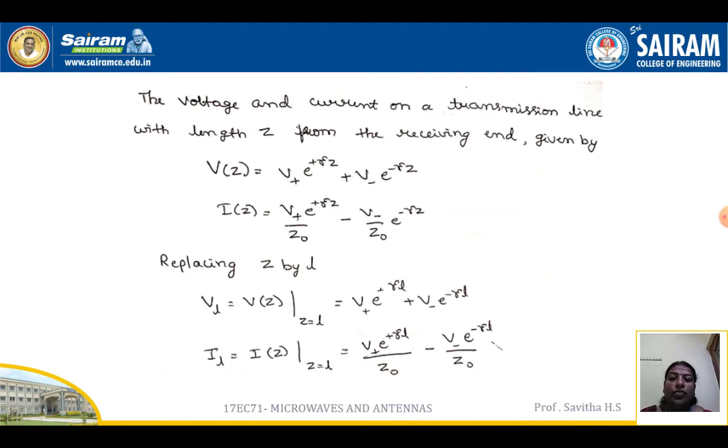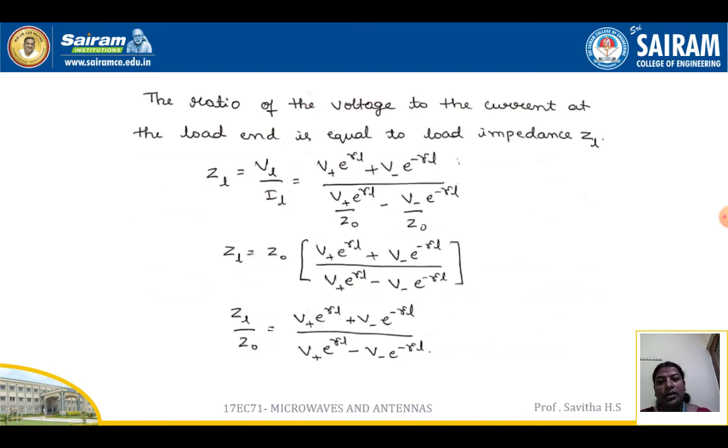V of Z is equal to V plus e to the power of plus gamma Z plus V minus e to the power of minus gamma Z, and Iz is V plus by Z naught e to the power of plus gamma Z minus V minus by Z naught e to the power of minus gamma Z. So in both the equations replace Z by L. So VL is equal to V of Z at Z is equal to L, V plus e to the power of plus gamma L plus V minus e to the power of minus gamma L, and IL is equal to Iz at Z is equal to L, V plus e to the power of plus gamma L by Z naught minus V minus e to the power of minus gamma L by Z naught.